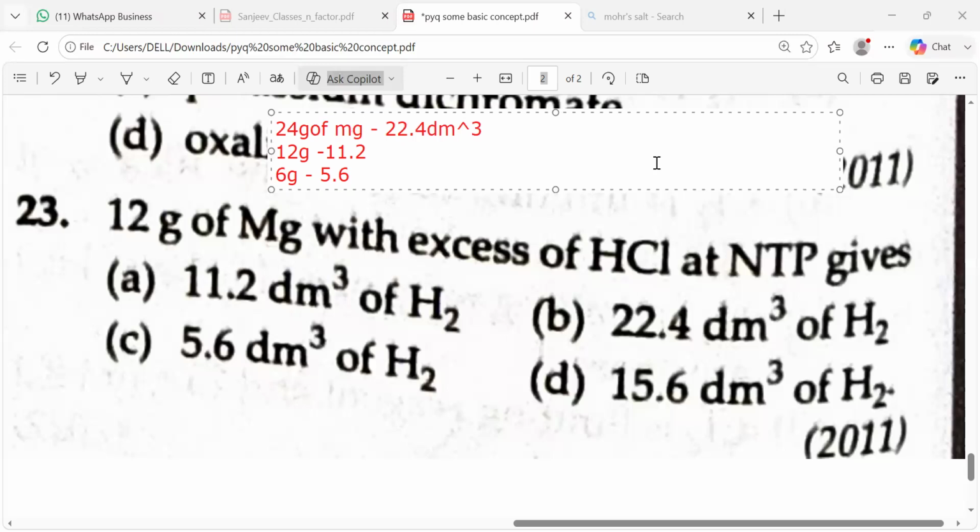Pavan, Kritika, okay, A. Aryan, what is your answer? Is it again B or C or D? All the shortcuts also I wrote here. Saurav, Arhan, A. Okay.